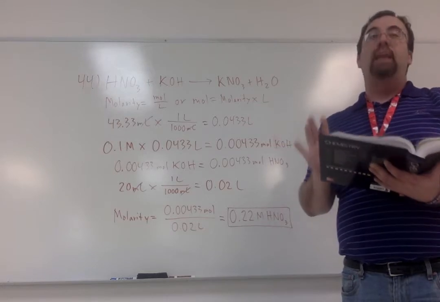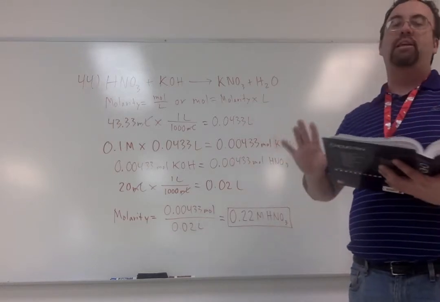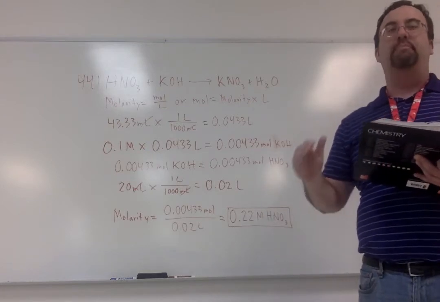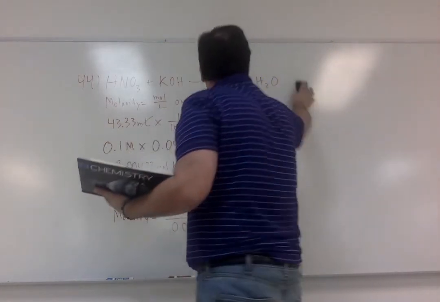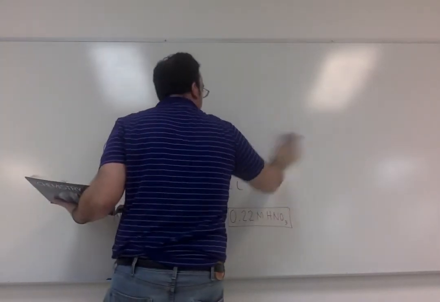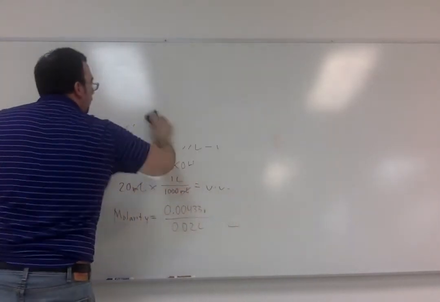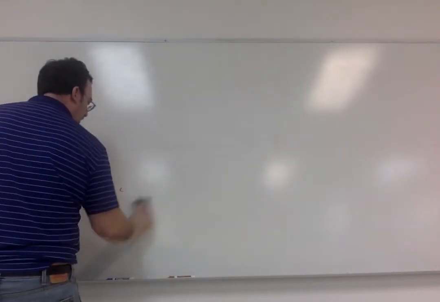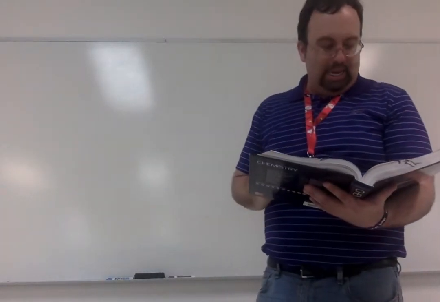All right, let me go ahead and erase this, and then we'll write down the setup, and then we'll go through this problem step by step. So in this problem, we're reacting ammonia with HCl.